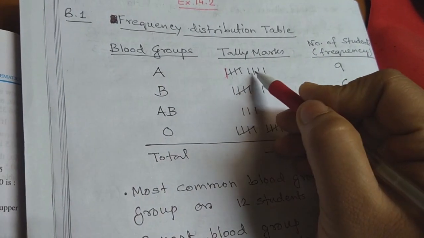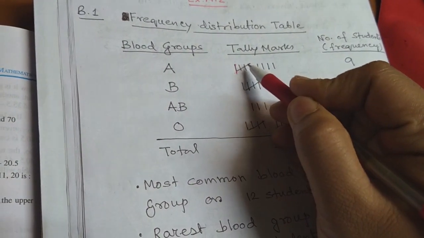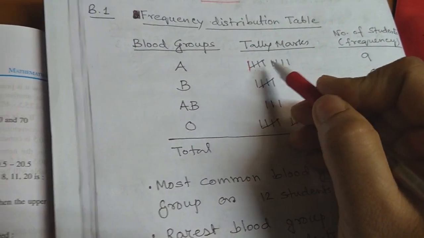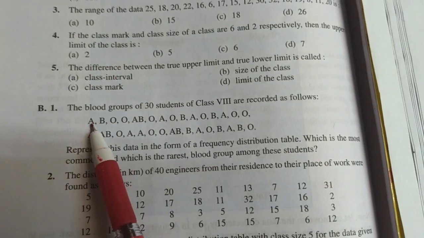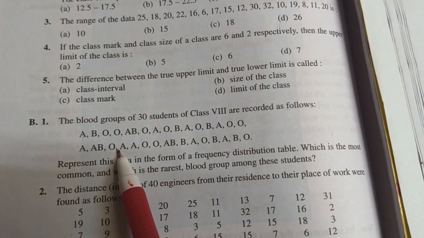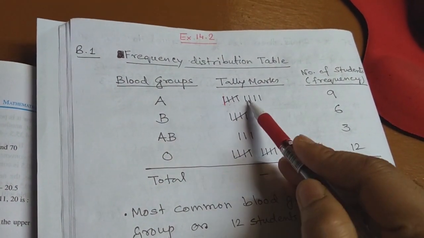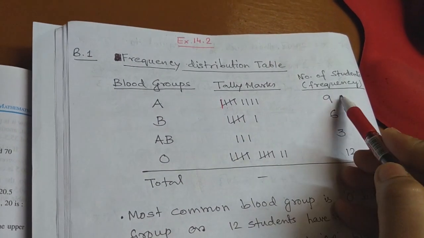Then the other 1, 2, 3, 4. So this means 5. It makes our calculation easy. So you can see 1, 2, 3, 4, 5, 6, 7, 8, 9 A's are there. For the first 5 we wrote it like this, then 1, 2, 3, 4, so total 9.